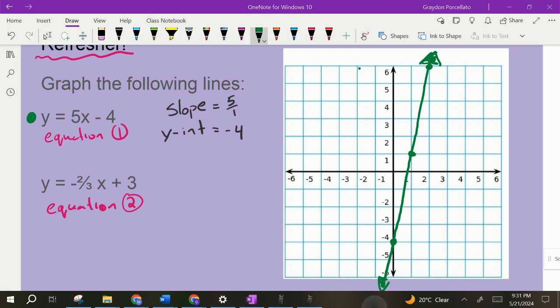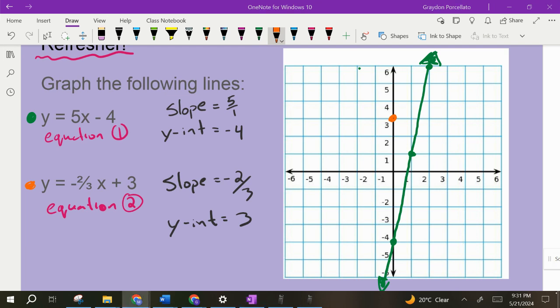Now the next one, I have a slope of -2 over 3 and a y-intercept of 3. So let's do this one in orange. A y-intercept of 3 and a slope of -2 over 3.